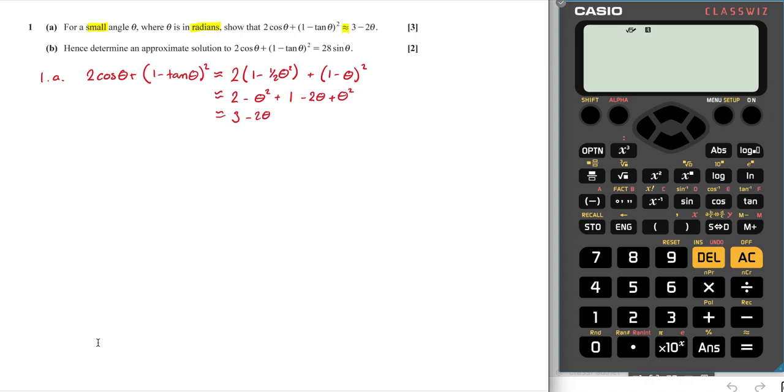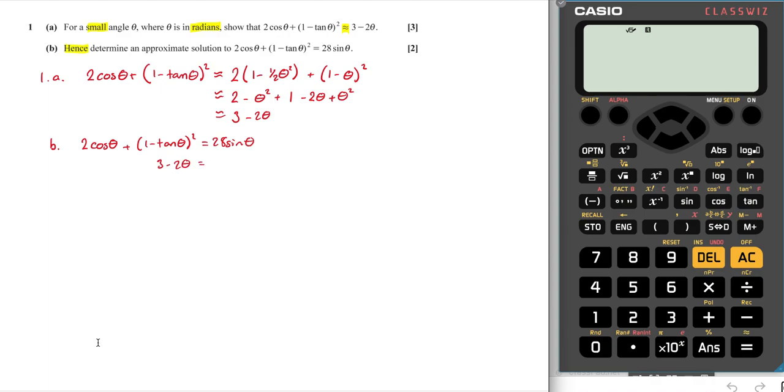Hence, okay, hence means we've got to use what we've just done somehow. Determine an approximate solution to 2 cos theta plus 1 minus tan theta all squared equals 28 sine theta. Well, because it says hence, we're going to use those small angle approximations again. We know the left can be written as 3 minus 2 theta.